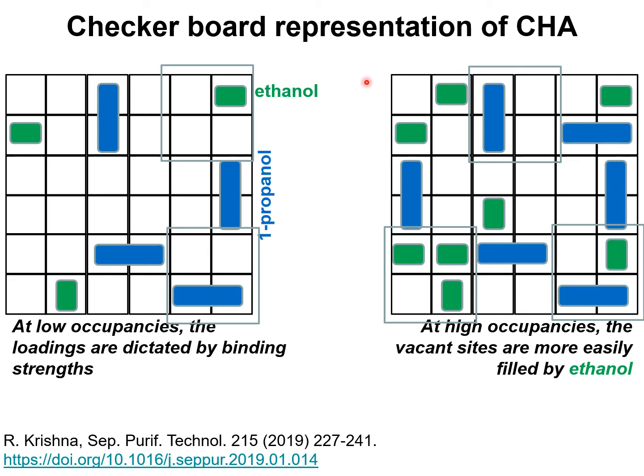So the message that emerges from the simple representation here is that it is easier to fill vacant sites by ethanol at high pore occupancies, because 1-propanol requires 2 adjacent sites to be vacant, whereas ethanol does not have that constraint.